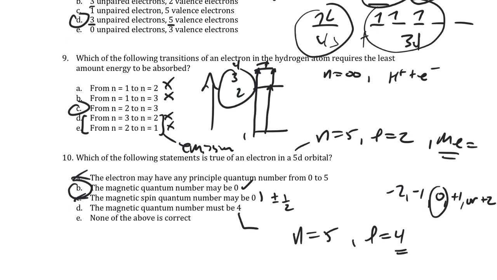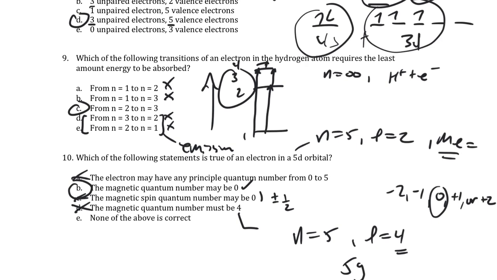This would actually be a g orbital, right? So what comes after f is g. This would be a 5g orbital that could have that quantum number, not a 5d orbital. So I make that statement incorrect. And then it's not asked, but the angular momentum quantum number L would have to be 2, and only 2, and not 0 or 1 or 3 or 4.